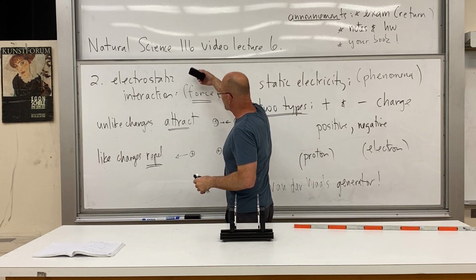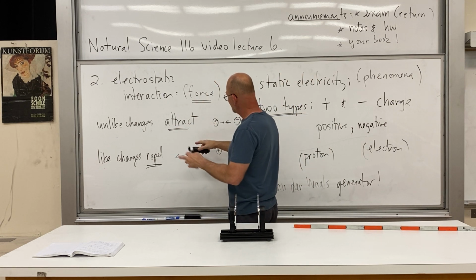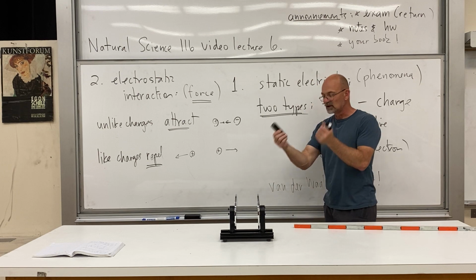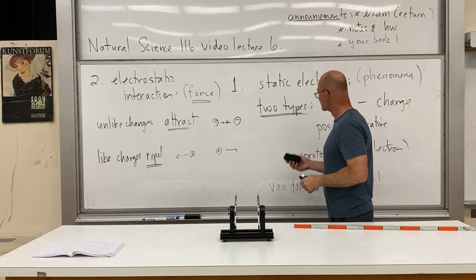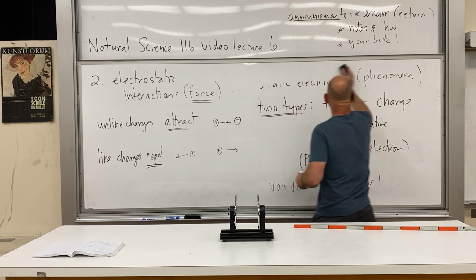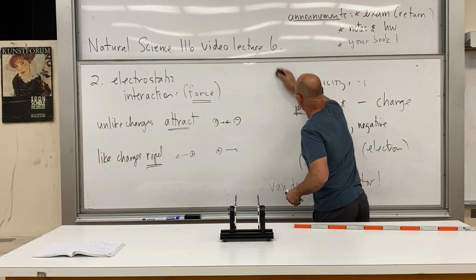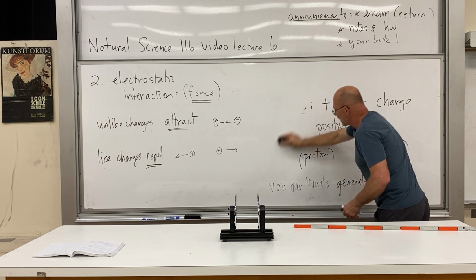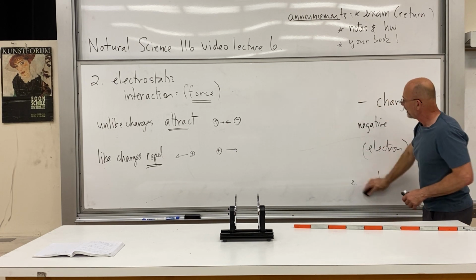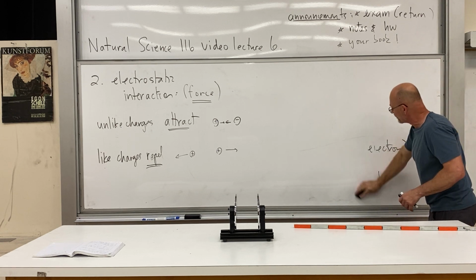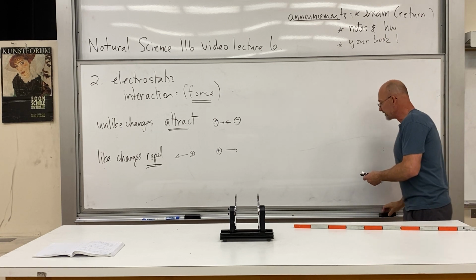You've got the electrostatic interaction. Unlike charges attract, like charges repel. You can collect some unlike charges, pull them apart. There you go, you've got some energy. So I'll tell you what that is again. It's called a capacitor, and you can look that up as well. Possibly get some images.